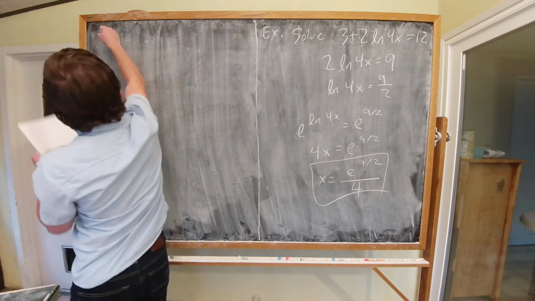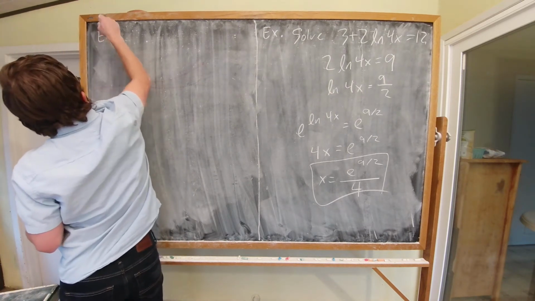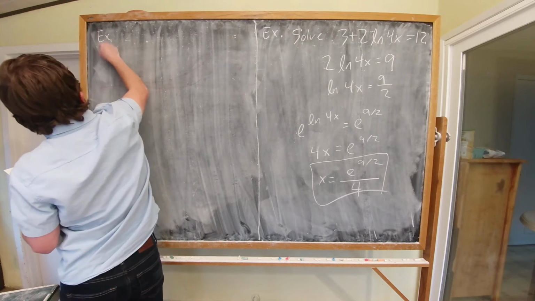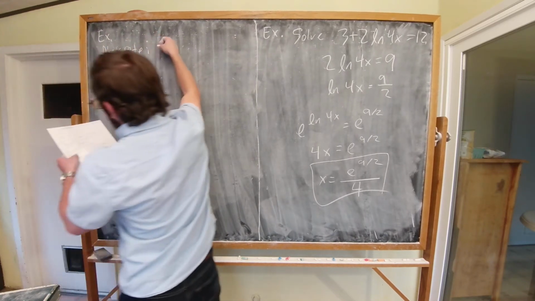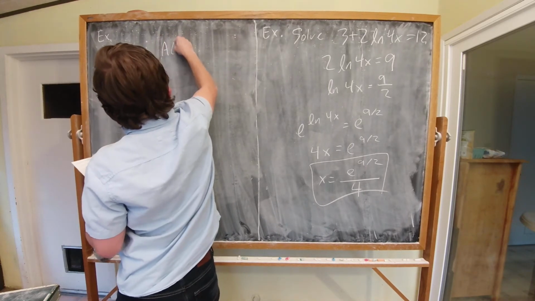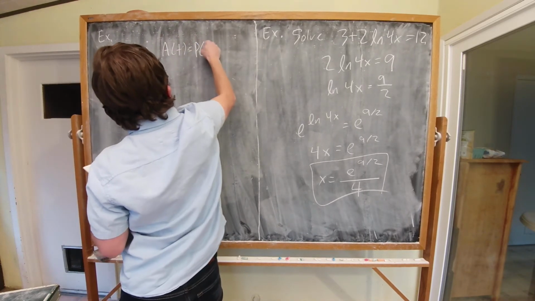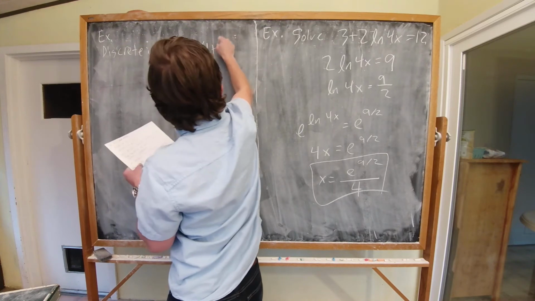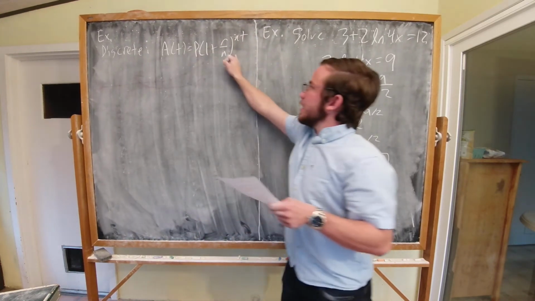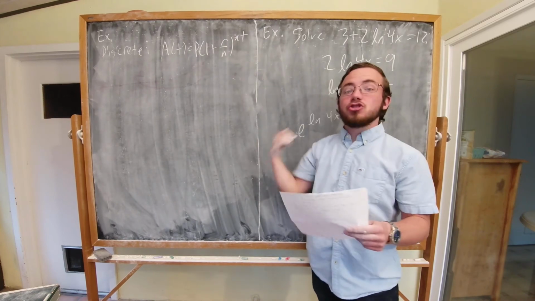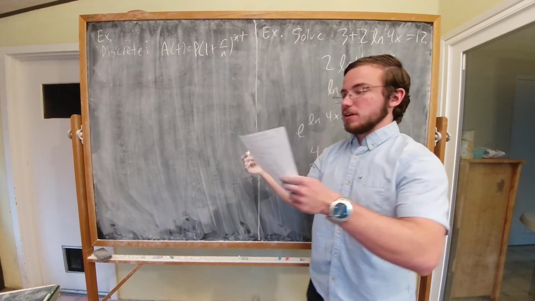Let's recall our compound interest formulas. We have the discrete compound interest formula, which says A of t equals p times 1 plus r over n to the nt. And even though this is a complicated exponential function, it's still just an exponential function.